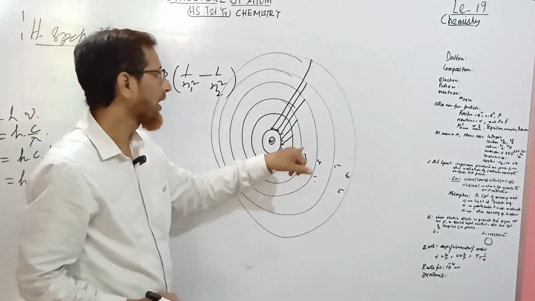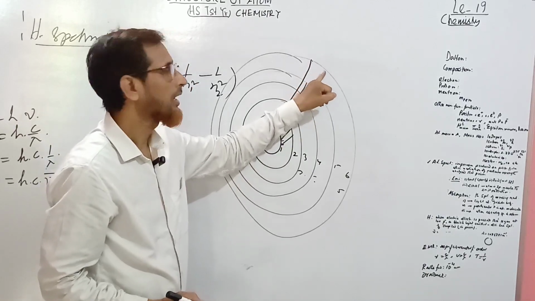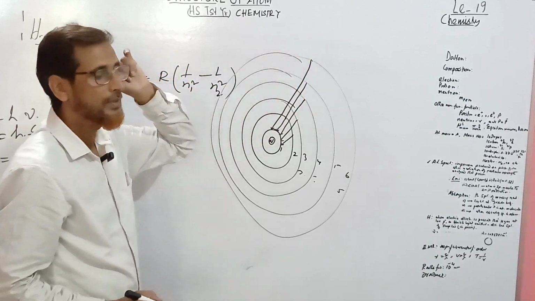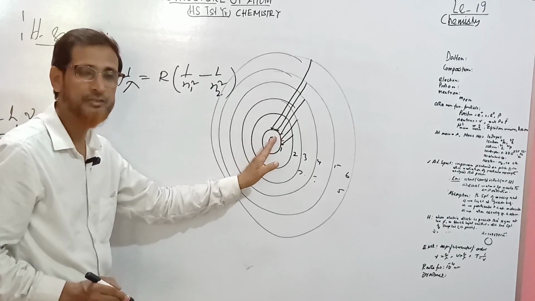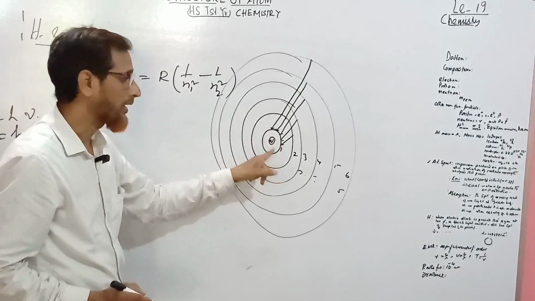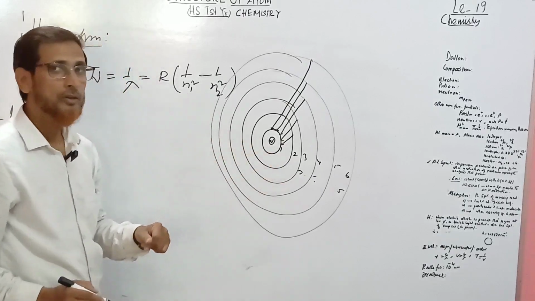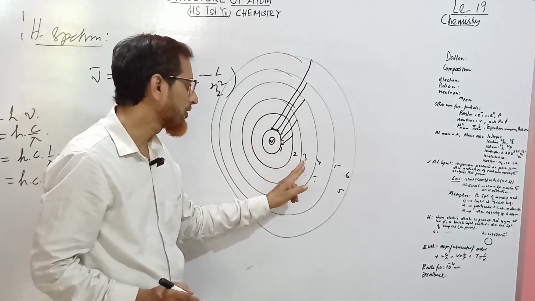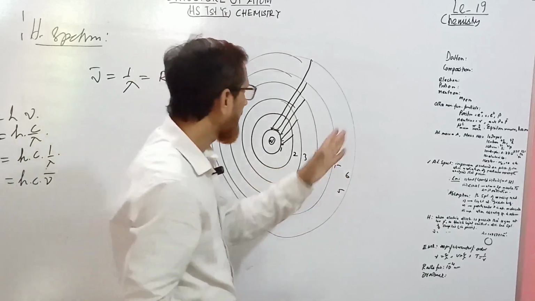That is the radiation, showing the electron coming back from which level to which level. Ultimately, the level in which it has fallen is called n1. It has fallen on n1. Here n1 is equal to 1. And from which level it is jumping, either from 2 or from 3 or from 4 or from 5 or from 6, is n2.